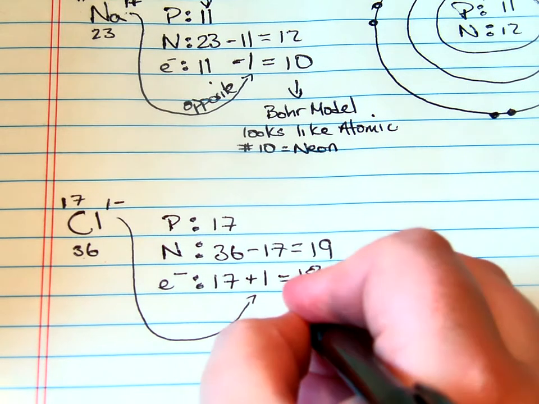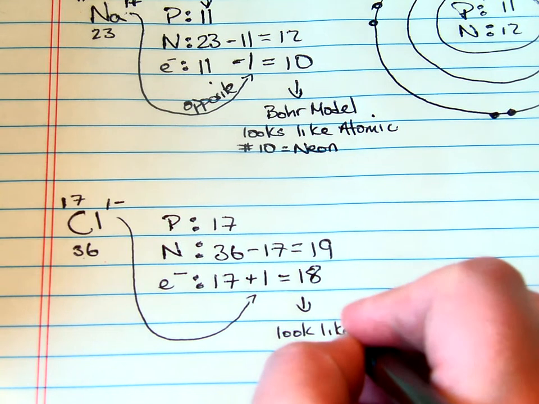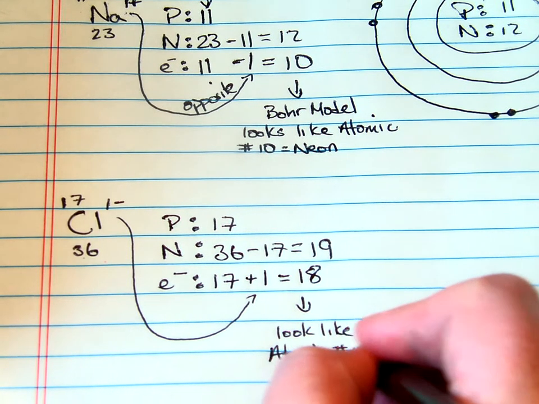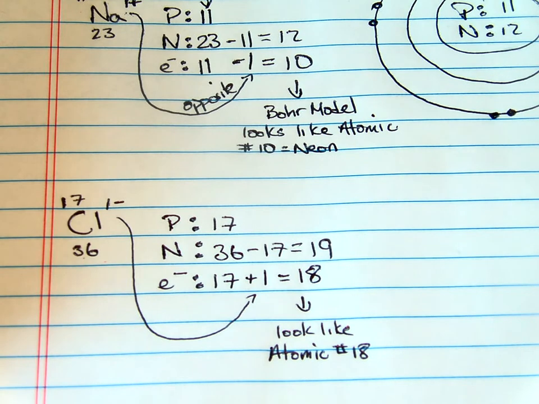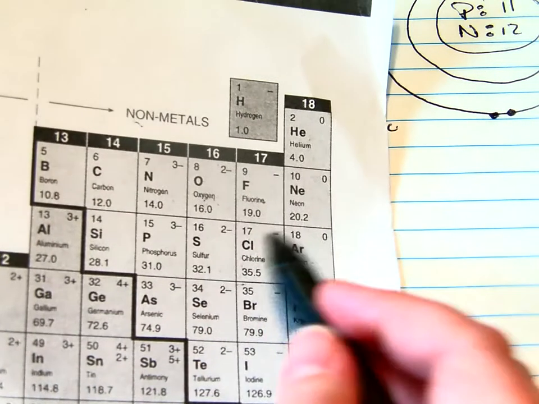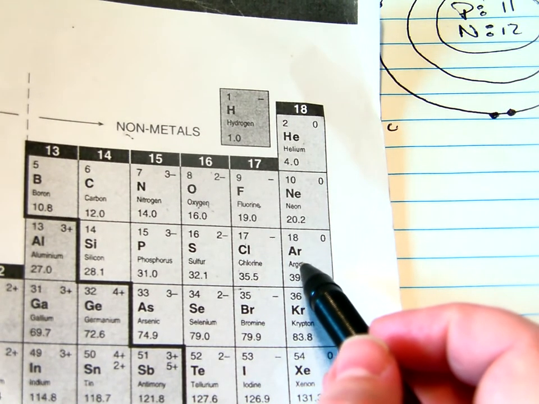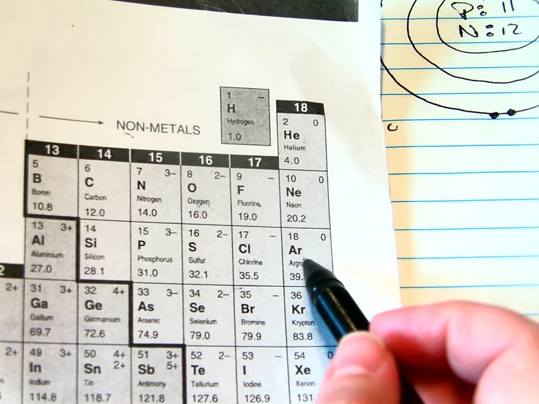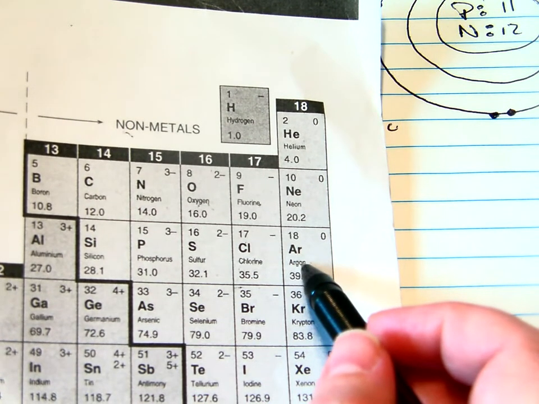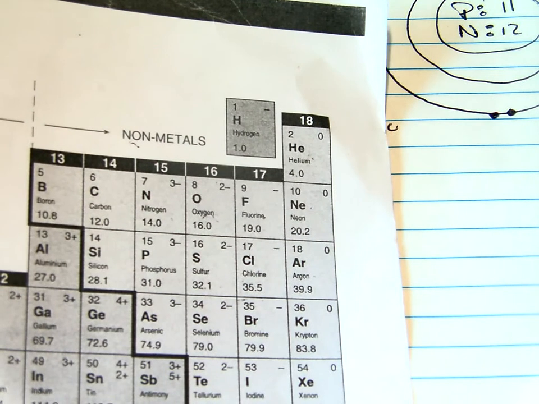So this means it's going to look like our atomic number 18. So for us, in this instance, we look for atomic number 18. Atomic number 18 is argon. Okay, so again, as far out as it can be, means it's going to have a full shell, but this time it's going to be 1, 2, 3 full shells when we draw it.